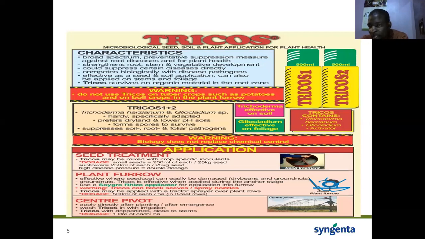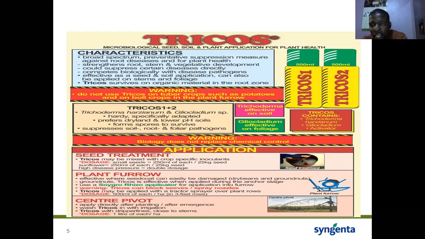So to avoid bacterial infection, there are some chemicals that you can use. There's one chemical which is a biological bactericide, and is both a fungicide and also a bactericide. It is known as tricos.